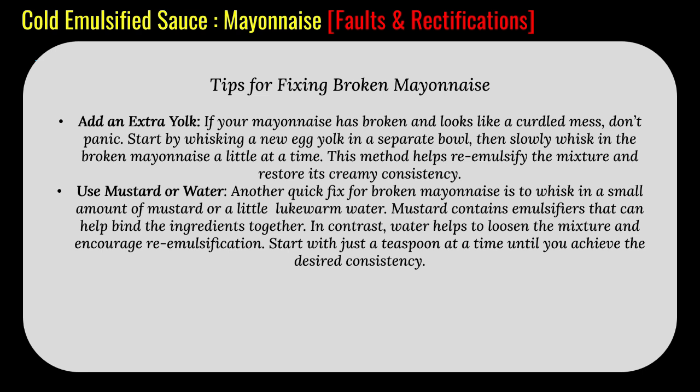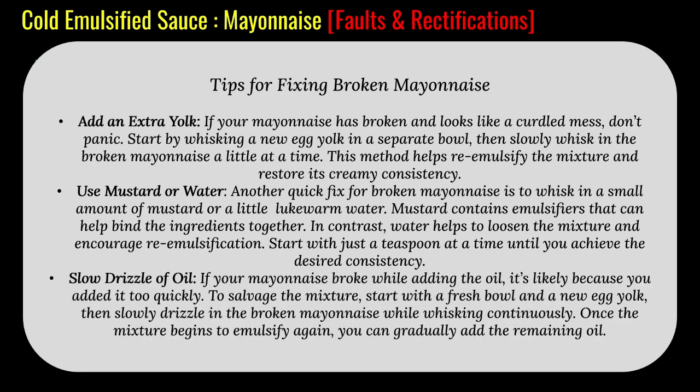Mustard contains an emulsifier that can help bind the ingredients together, and in contrast, water helps loosen the mixture and encourage re-emulsification. Start with just a teaspoon at a time until you achieve the desired consistency. So you add one teaspoon of curdled sauce, go on mixing, then add again, slowly go on adding the curdled sauce and keep mixing it properly.